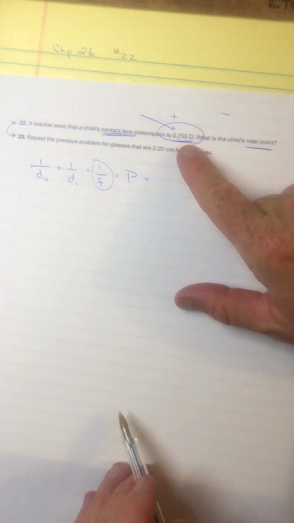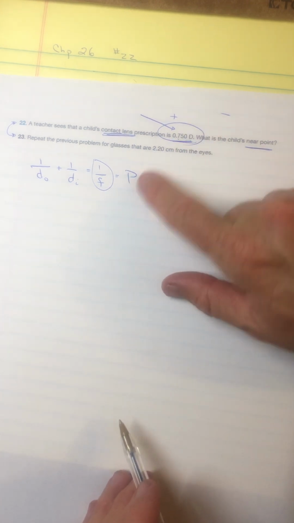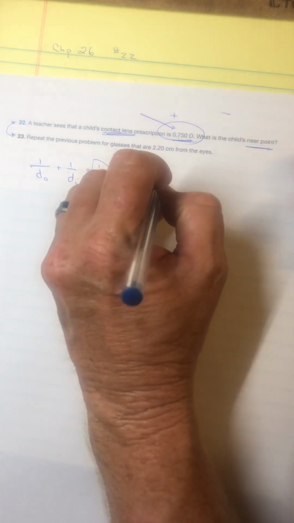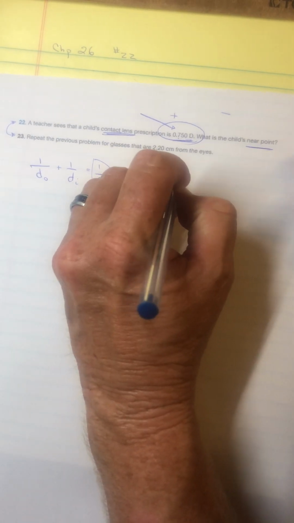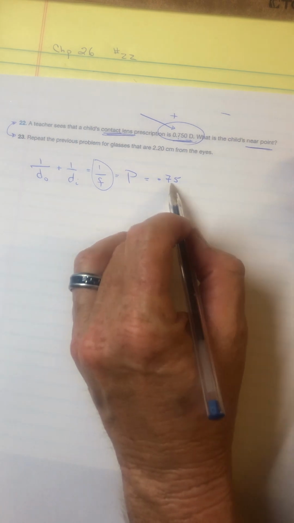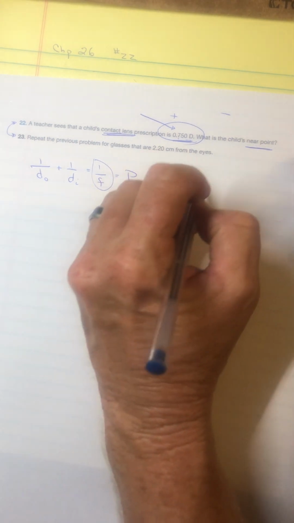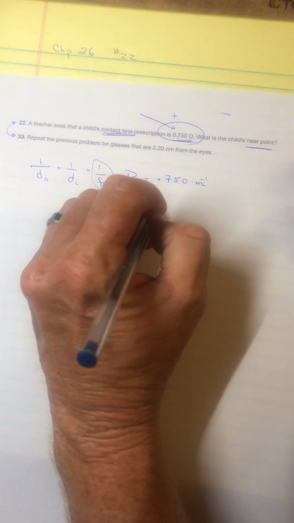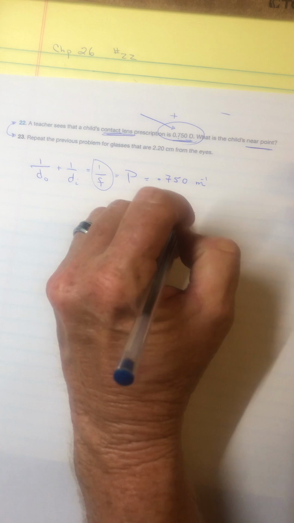And diopters are inverse meters. And so this is 0.75 diopters, which I'm going to write as meters to the -1 power. In fact, maybe I'll just write it as 0.75 1 over meter.